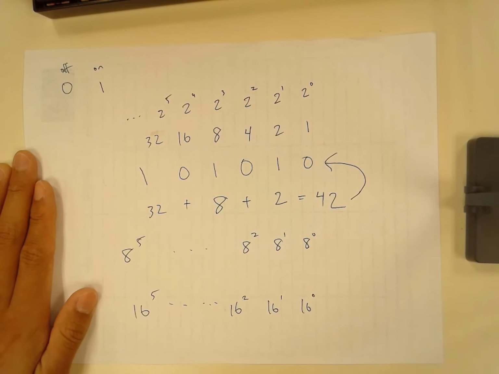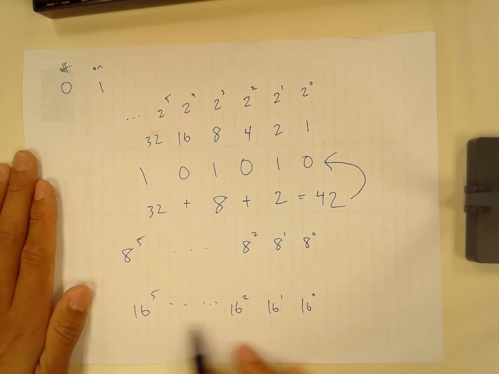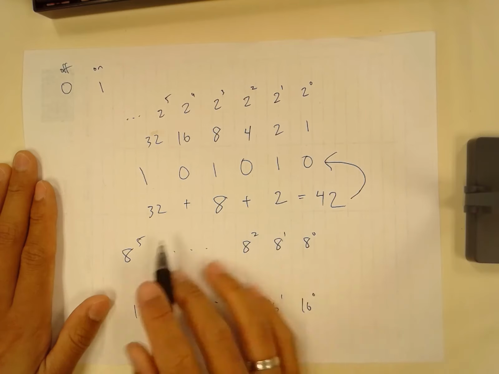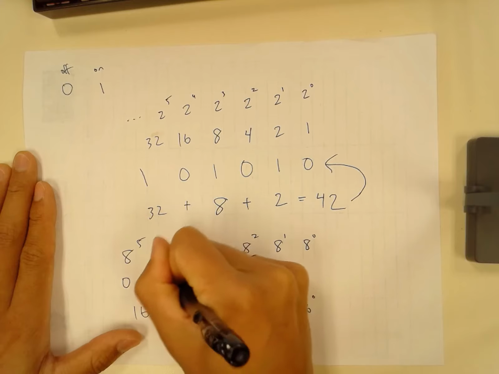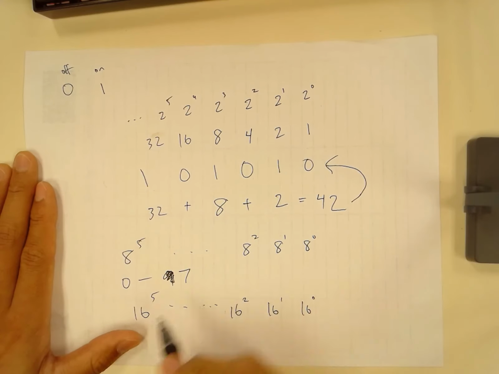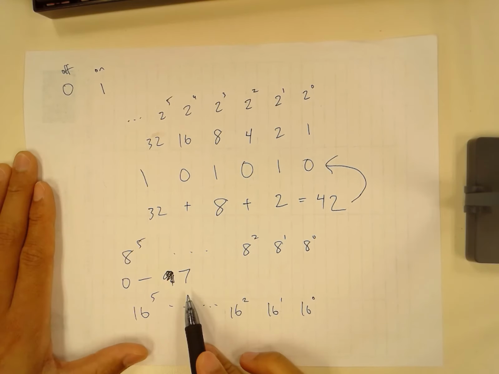Something that's strange with an octal system is that we go from 0 to 7, because that is 8 digits: 0, 1, 2, 3, 4, 5, 6, 7.